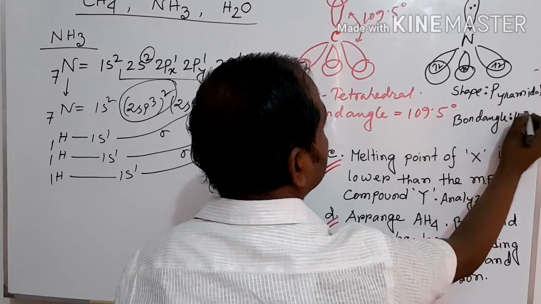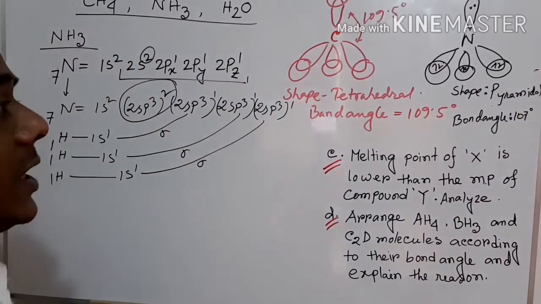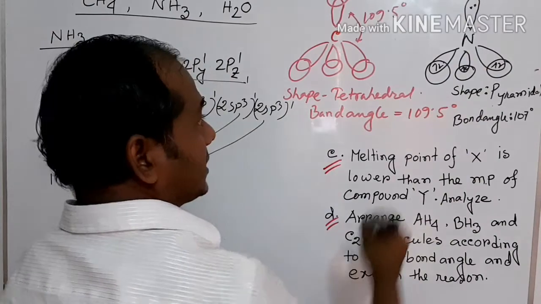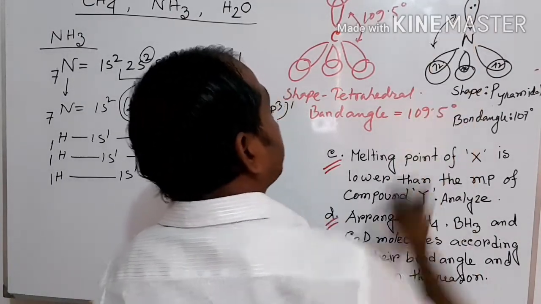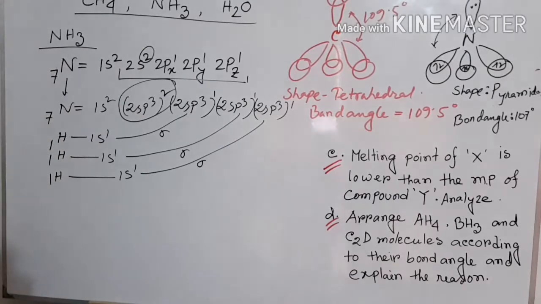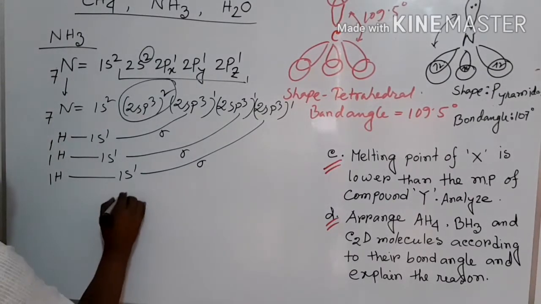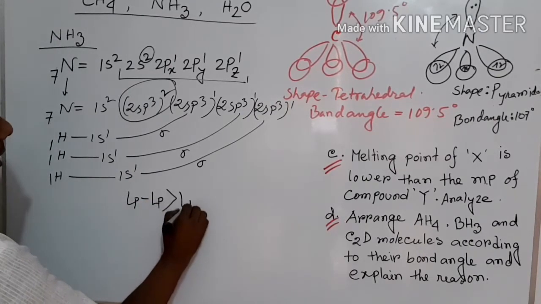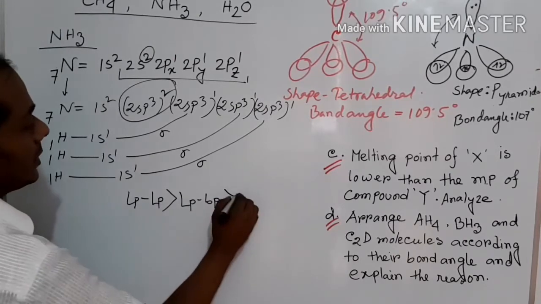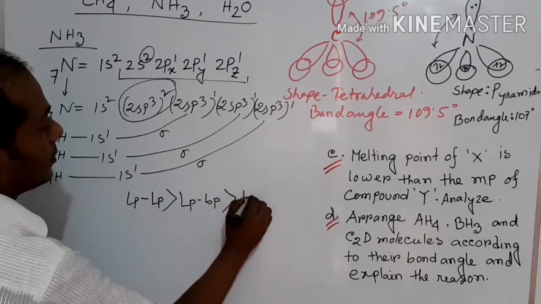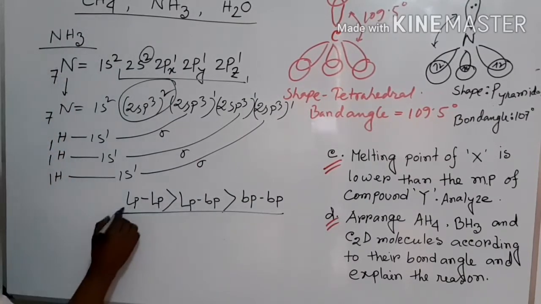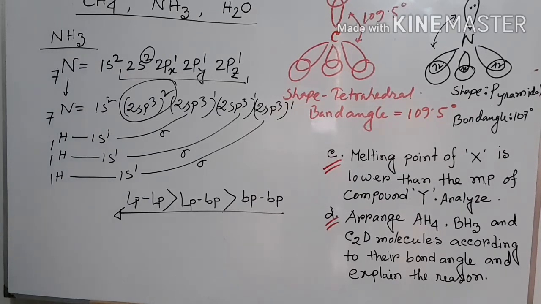And bond angle is 107 degrees. Why is the bond angle 107 degrees? Because here a lone pair of electrons is present. According to VSEPR theory, that means valence shell electron pair repulsion theory, lone pair-lone pair repulsion is higher than lone pair-bond pair repulsion, which is higher than bond pair-bond pair repulsion.